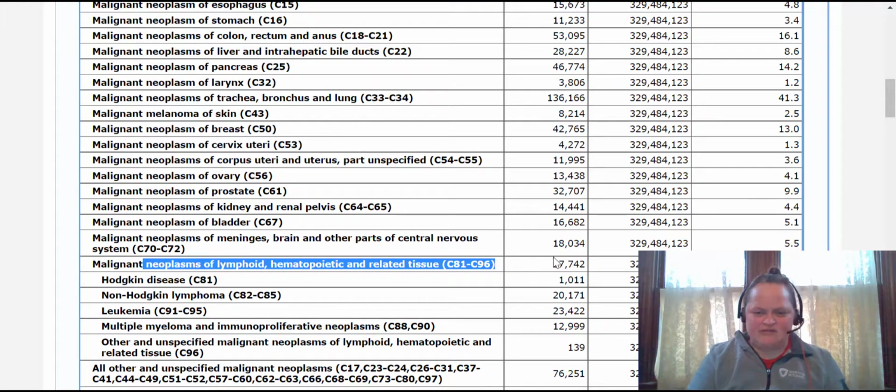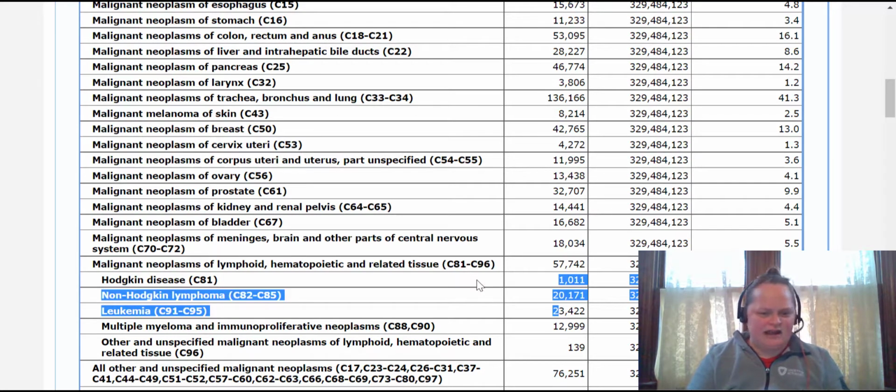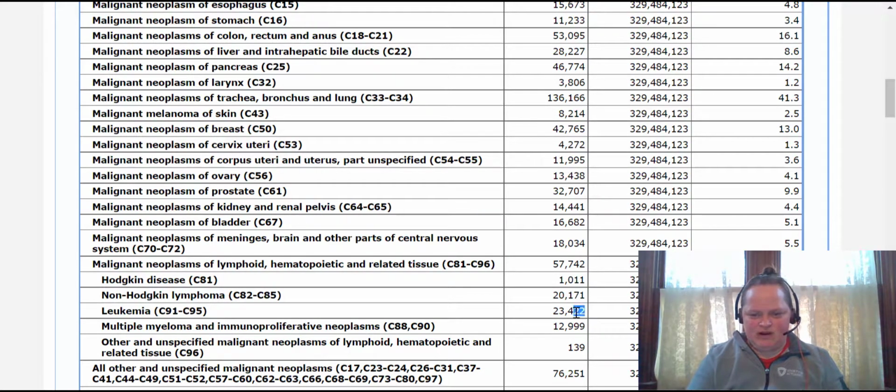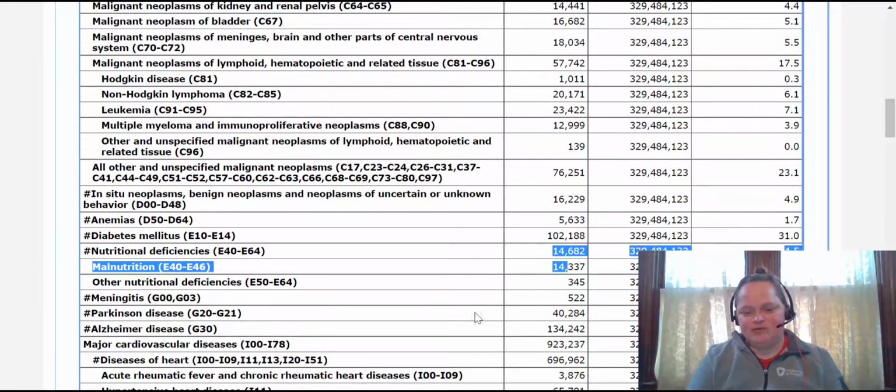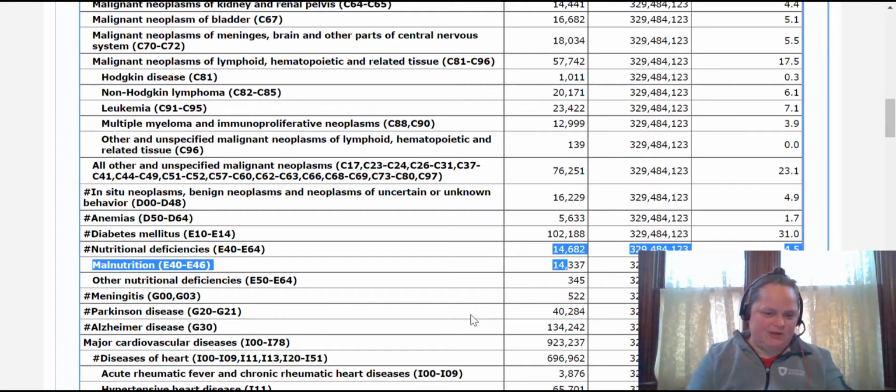Lymphoid, okay, so blood cancers, Hodgkin, non-Hodgkin lymphoma, leukemia, various blood cancers, blood, lymph, etc. Anemias, diabetes, nutritional deficiencies. This is one I've noticed. It's not a huge number, but I've noticed it's been going up, and I believe it's been mainly among older people. So that's kind of one I've been keeping my eye on.